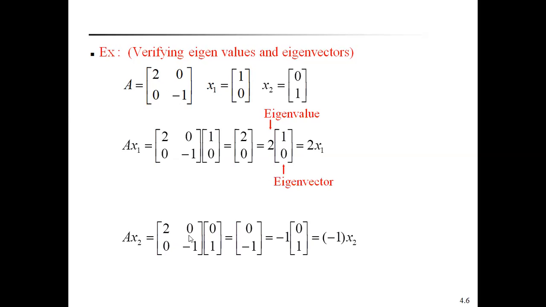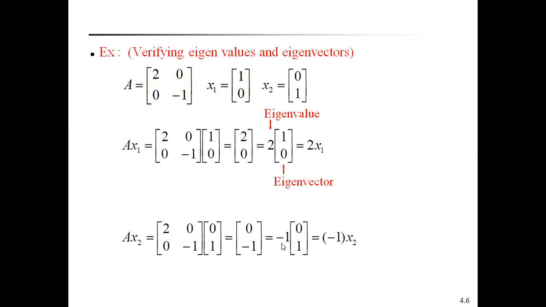First row by first column: 2 into 0 plus 0 into 1, 0. That's the first element of the resultant matrix. Next, multiply the second row by the first column: 0 into 0 minus 1 into 1. The resultant value is minus 1.